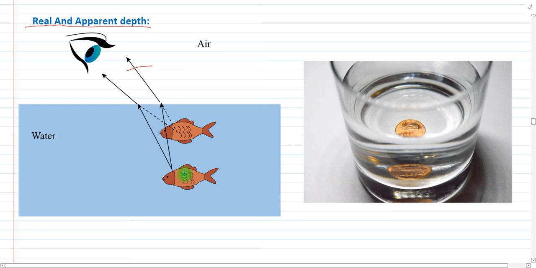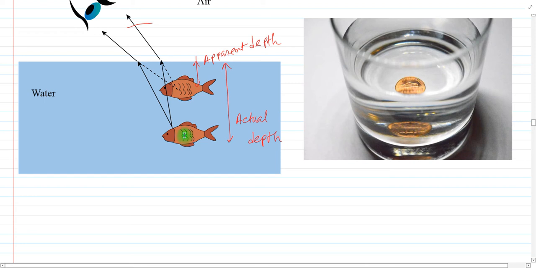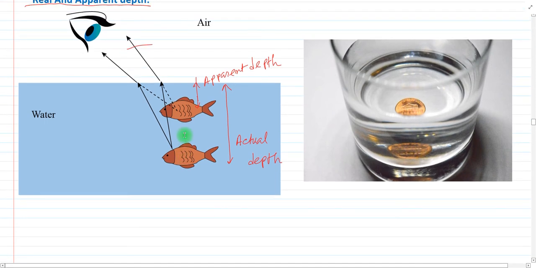Okay, that means the depth of the fish, this one is called actual depth, and this one is called apparent depth. Okay, and there is a relation between them. Group is not in your syllabus.